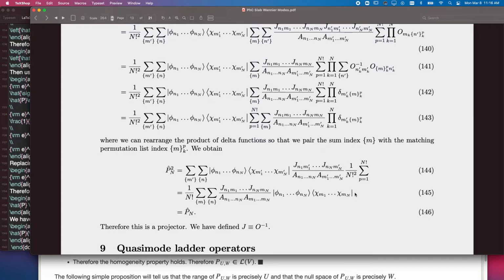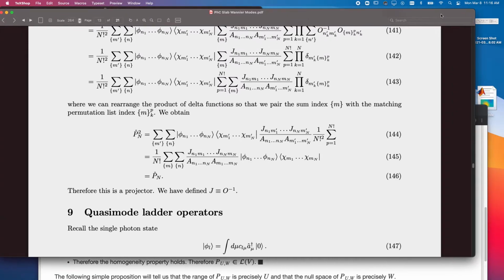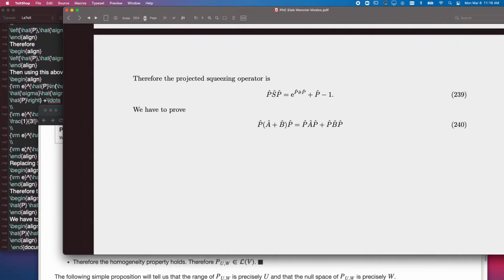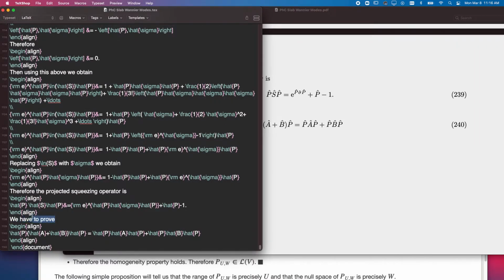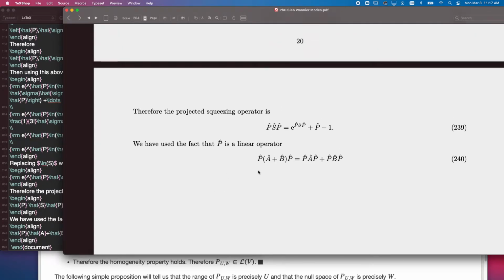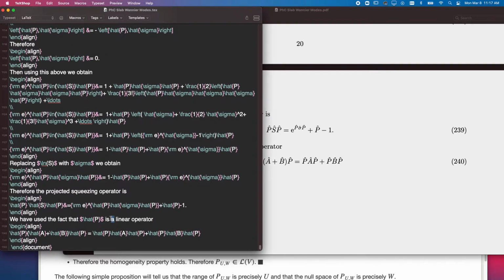And if I have the inner product of operator A plus operator B, that's the inner product of A plus the inner product of B. So we're fine, it is linear.